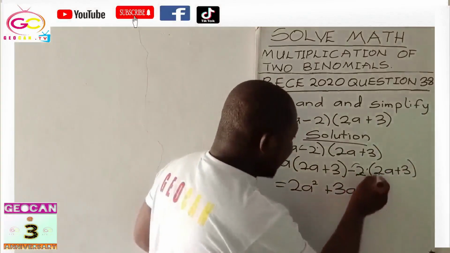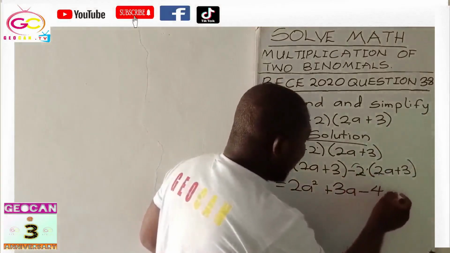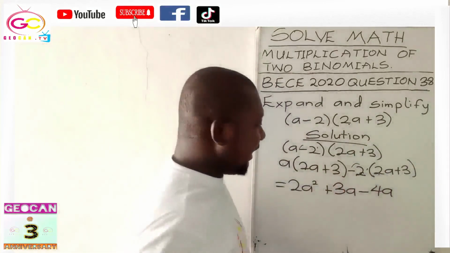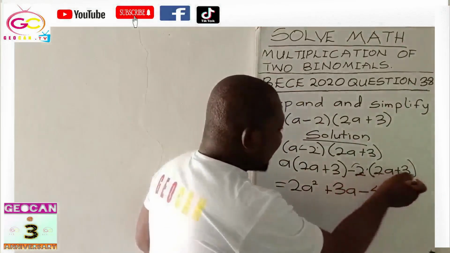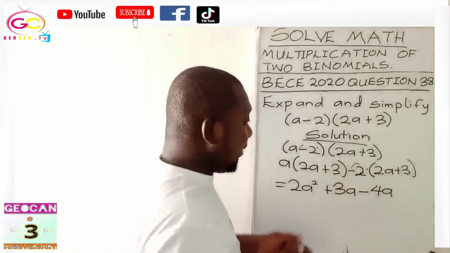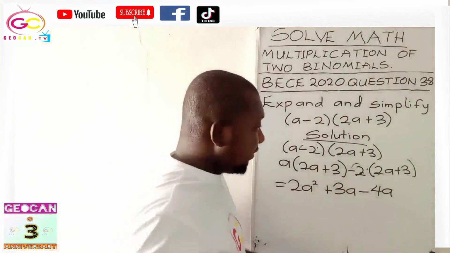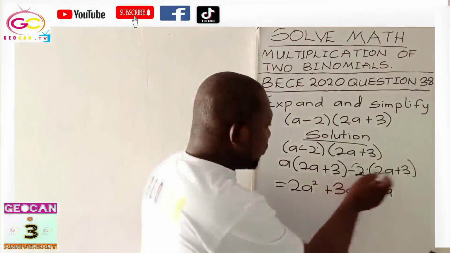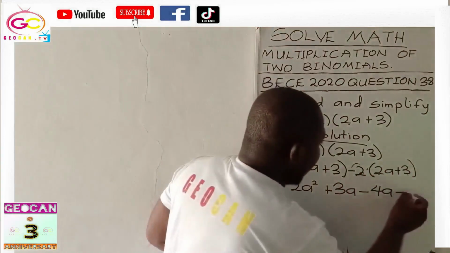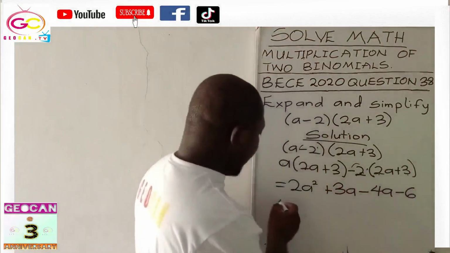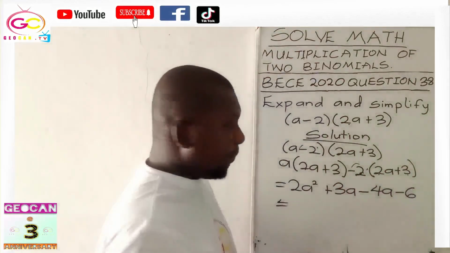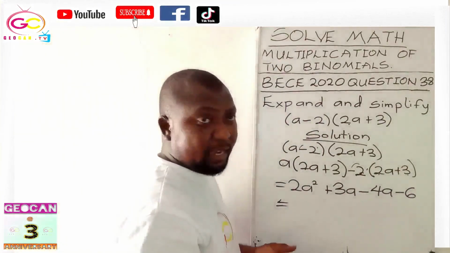So it will give us negative 4a. I believe you get that. Now, negative 2 times positive 3. Anytime a negative multiplies a positive, the answer becomes negative, so it will give us negative 6.